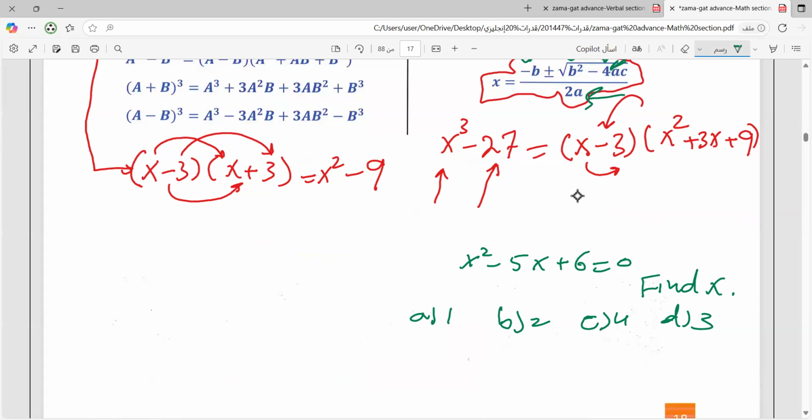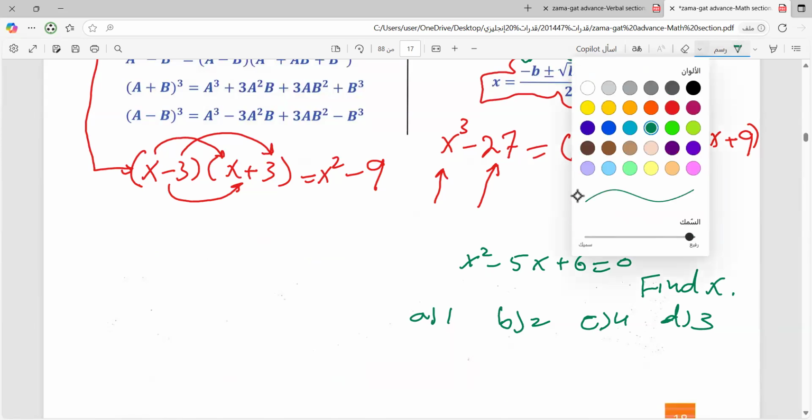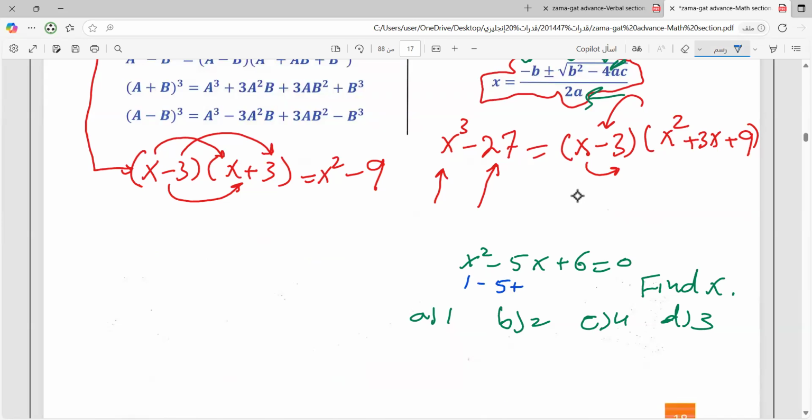Okay, we try to substitute. If we substitute here, 1 minus 5 plus 6 is not equal to 0. So A is wrong. B, 2 squared is 4, 5 times 2 is 10, plus 6.